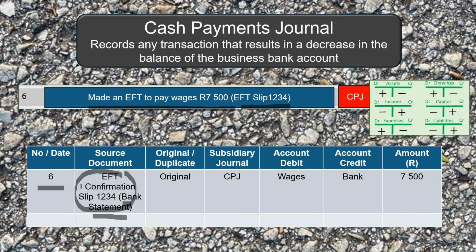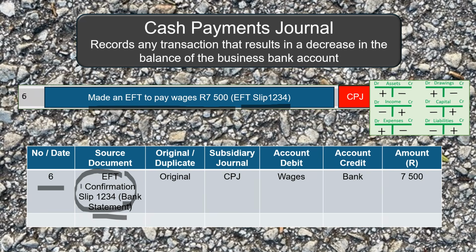But I'm telling you, for more information, you need the document in order to make the payment. Say, for example, you received an invoice or a statement from a supplier. You need that as proof of why you paid these people.